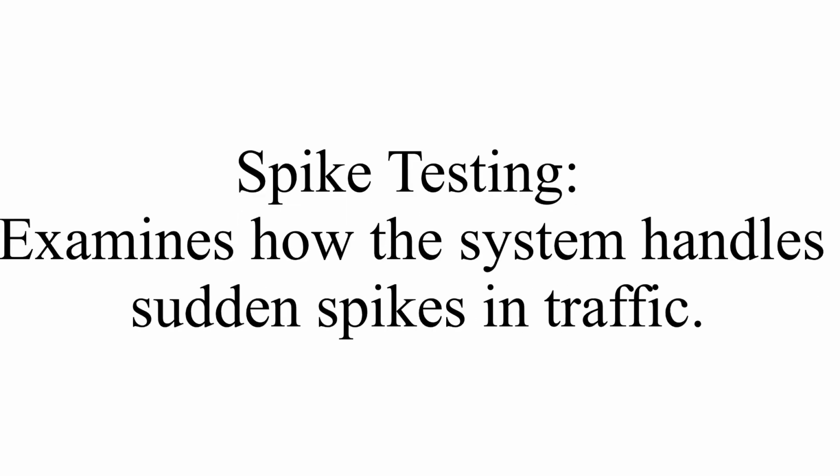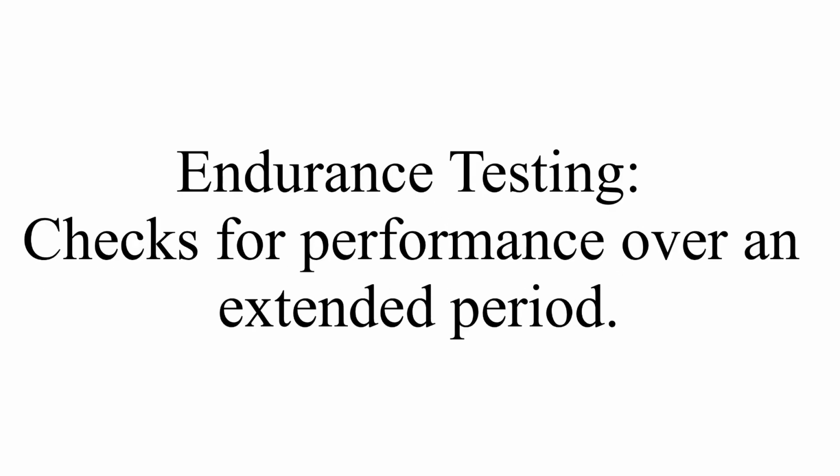Spike testing examines how the system handles sudden spikes in traffic. An example, testing a ticket booking site during a popular concert release. Endurance testing checks for performance over an extended period.